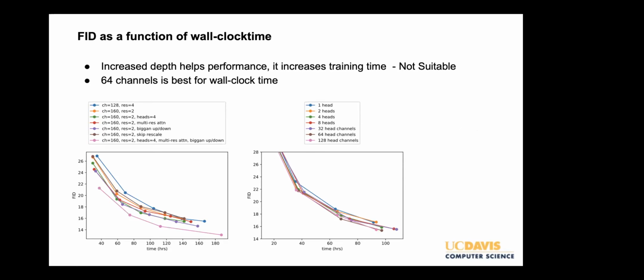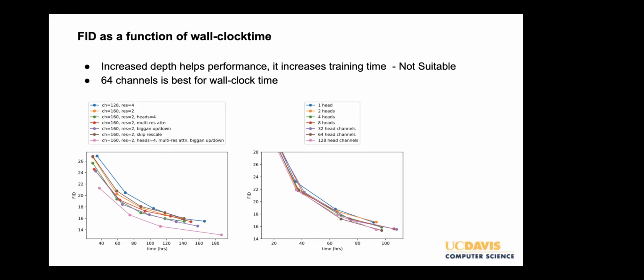The authors further decided that 64 channels is best for the wall clock time and opted to use 64 channels per head as the default, and said that this choice also better matches the modern transformer architecture, and they are in line with the other configurations in terms of the final FID.